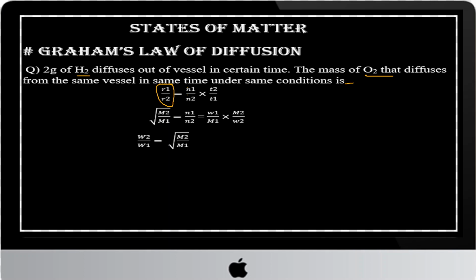We can write N1 by N2 as W1 by M1 into M2 by W2.